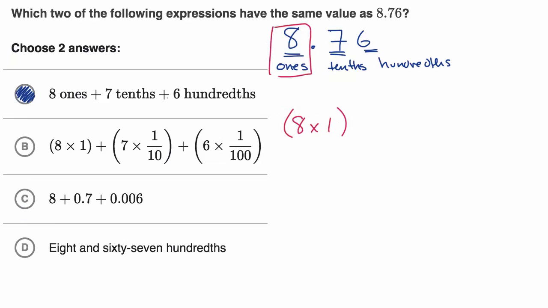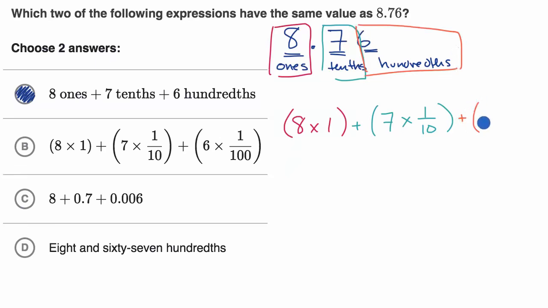And to that, we would add 7 tenths, so that's plus 7 times 1 tenth, so 7 tenths, plus, and I'll do this in this orange color, 6 hundredths, so that's plus 6 times 1 hundredth, 6 hundredths. So this would be this number in expanded form.